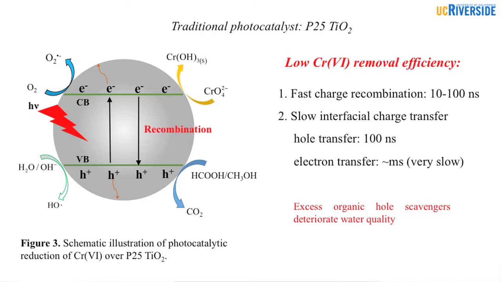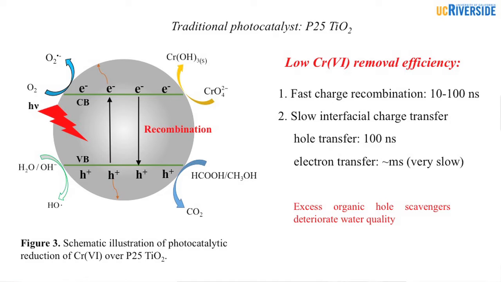But also, electrons can go back to the valence band to recombine with the holes to generate heat. Actually, the recombination process is much faster than electron transfer to chromium 6.